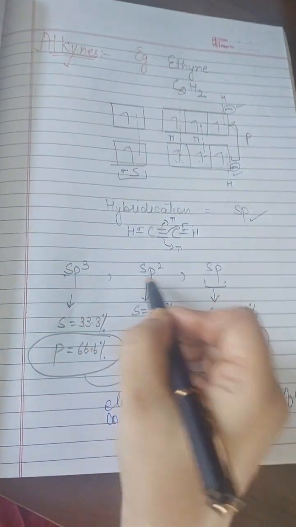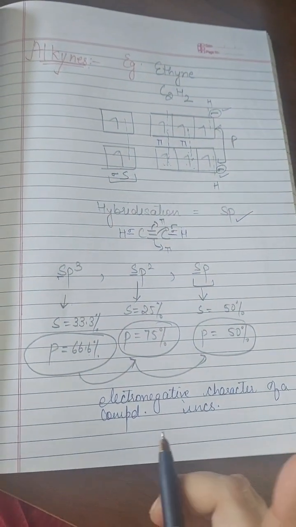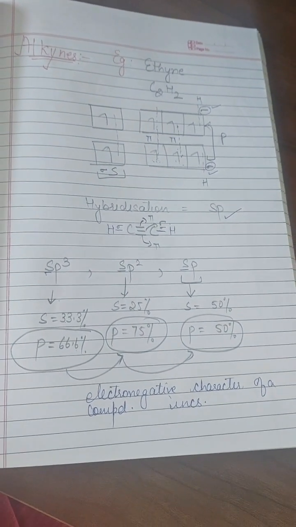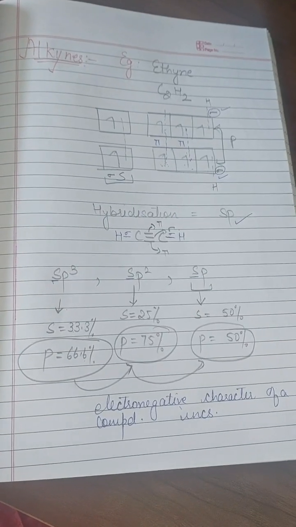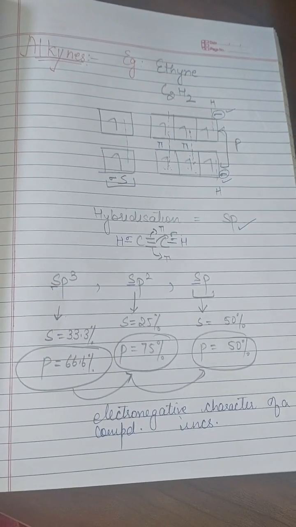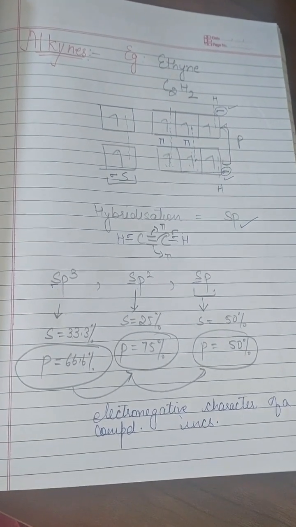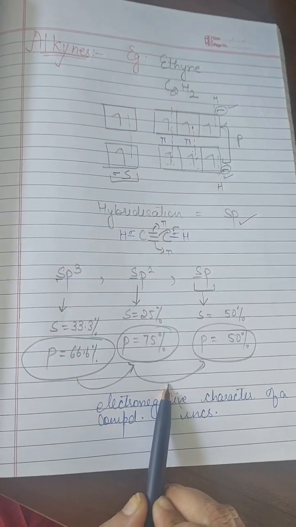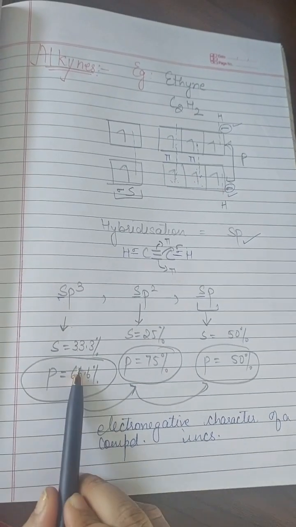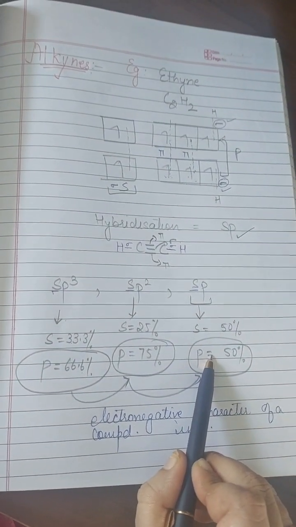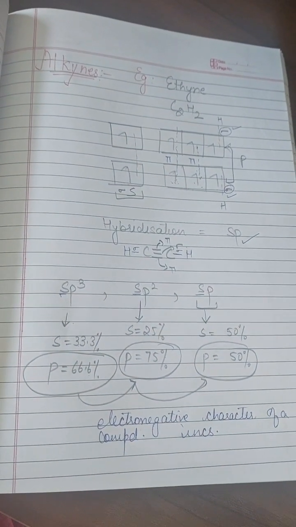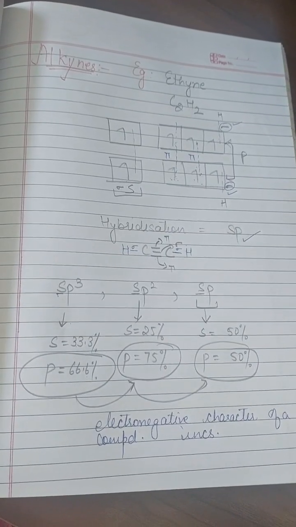Because the s orbital always lies closer to the nucleus of an atom, and the nucleus tries to keep its electrons more tightly towards itself. So hence the electronegative character of a carbon compound depends upon the p character present in its hybridization. Clear?